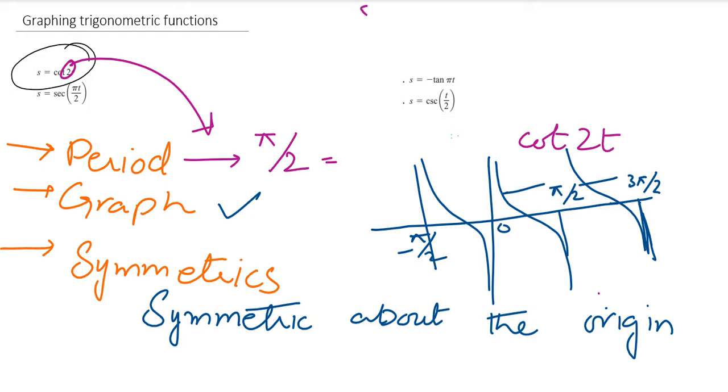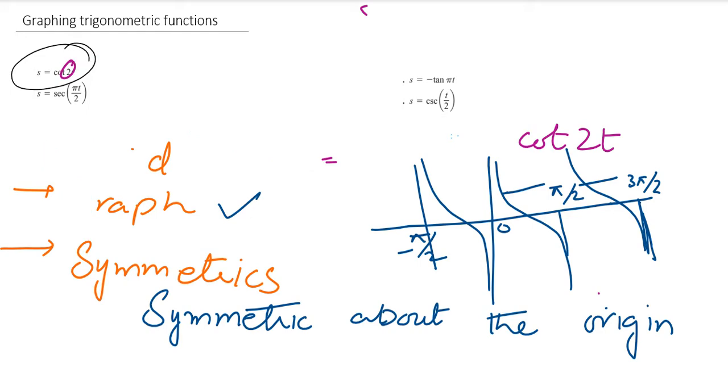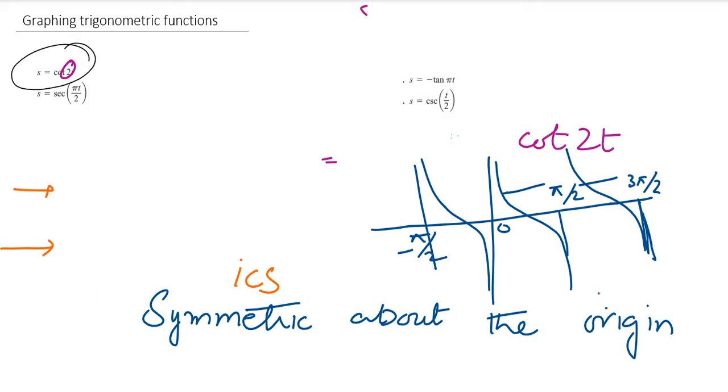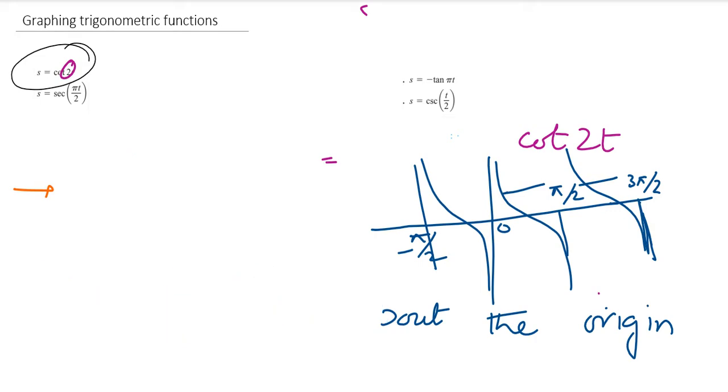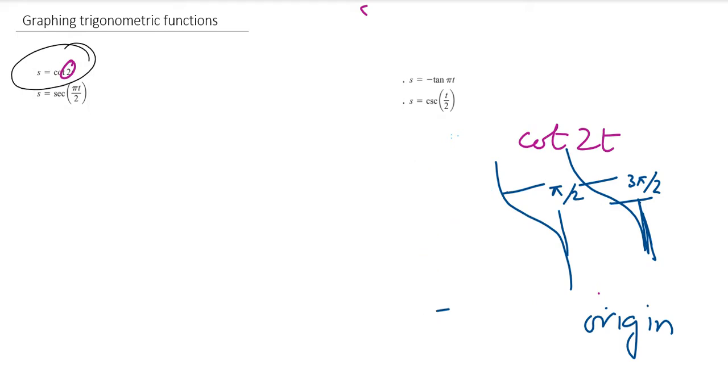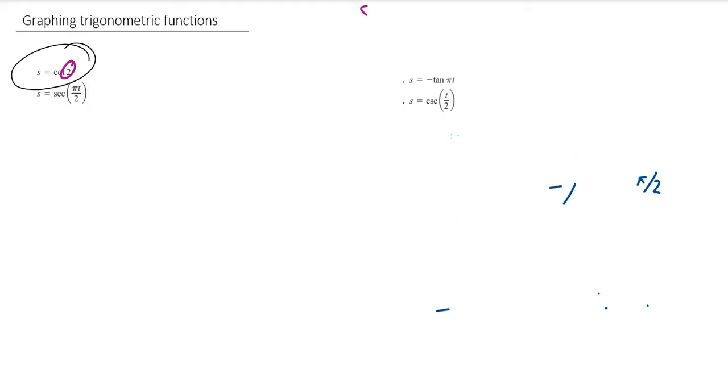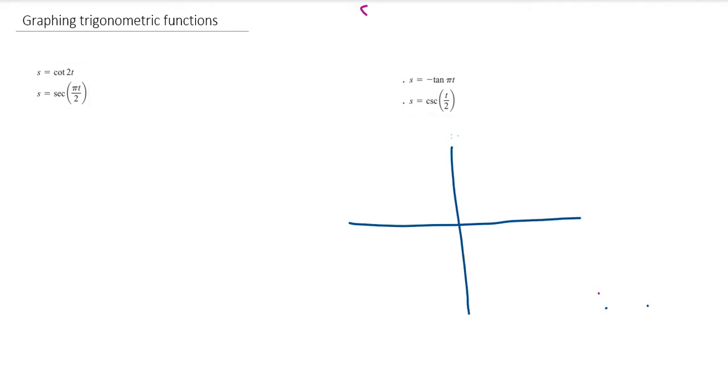Okay, let's discuss the second example, that is s is equal to tan pi t. Again, if you want to draw the graph of tan t, we have to see the period. Let's say it's the original graph, and over here you can see that, let me draw the dotted lines. It's negative pi by 2, and over here is the positive pi by 2.